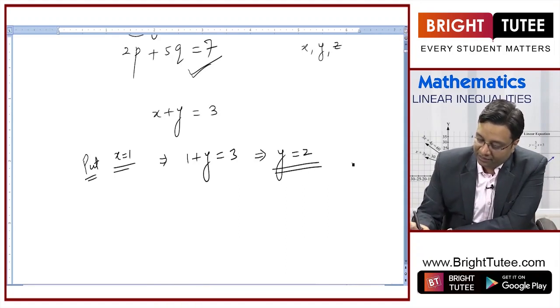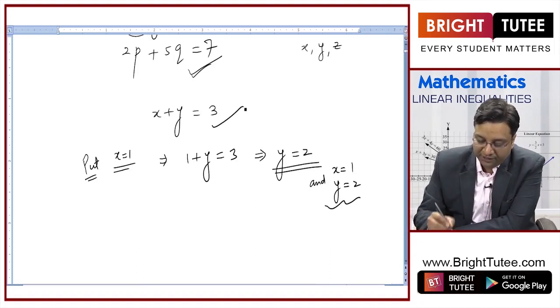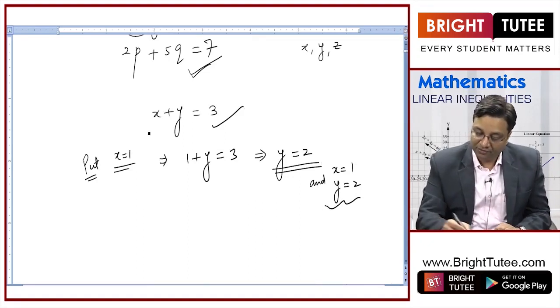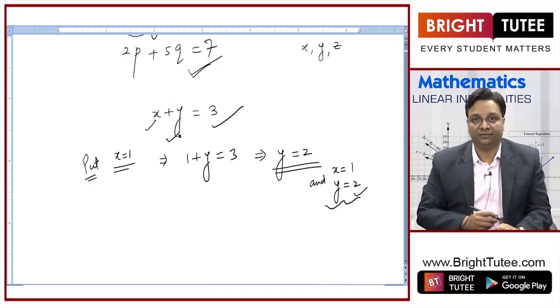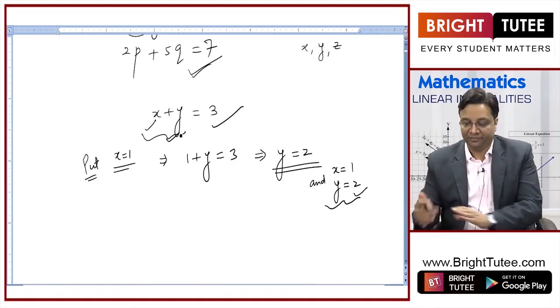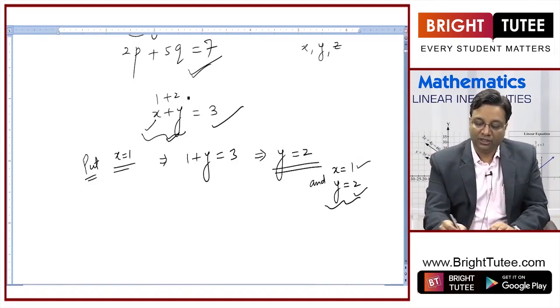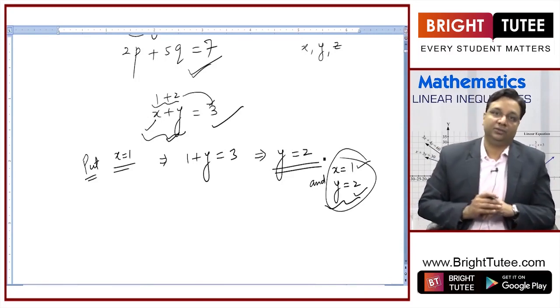So can I say that x equal to 1 and y equal to 2 is a solution of this equation? When do we say that? When if we put x equal to 1 and y equal to 2 in this equation, left hand side becomes 3, which is the right hand side. So yes, this is a solution of this equation.